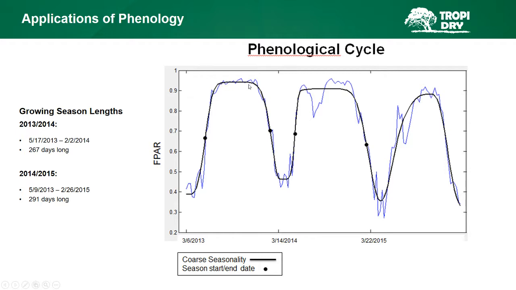There wasn't really much deviation. It seems to be fairly healthy vegetation throughout the entire maturity portion of it. And then we have this short dry season. And then here we can see that green up occurred and maturity occurred, but that for some reason there was a drop off in the FAPAR, or in the vegetation health.